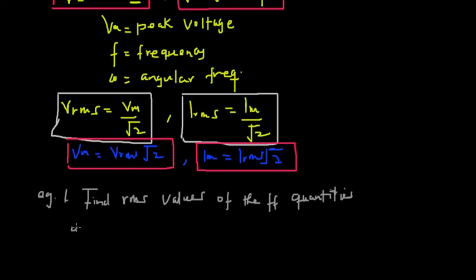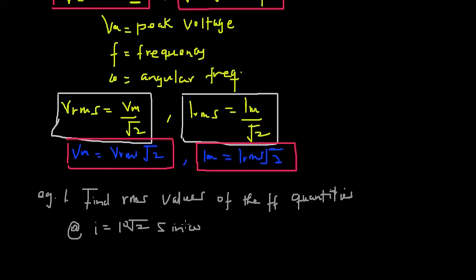Let's say you've been given A, a certain I, to be equal to 10 root 2 sine of angular frequency.